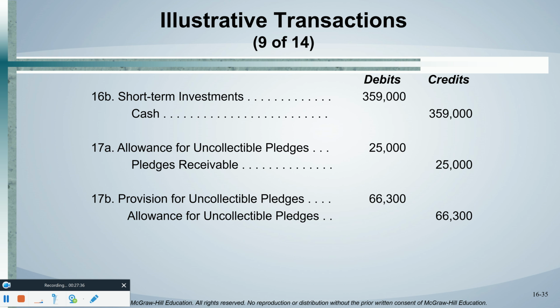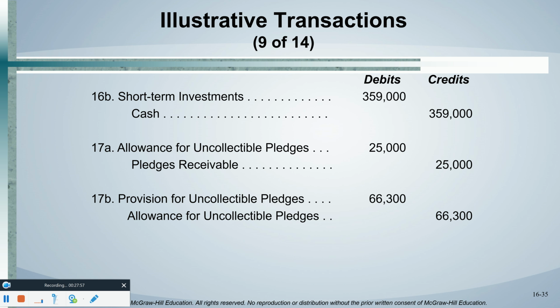All right, 16B, we bought some more investments. Debit investments, credit cash. Journal entry 17A and 17B. 17A, we are writing off some old pledges that we thought we were going to collect, but we were unable to collect. So we will debit the Contra receivable and credit the receivable.